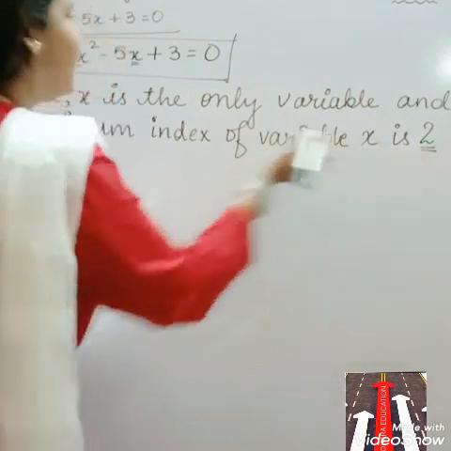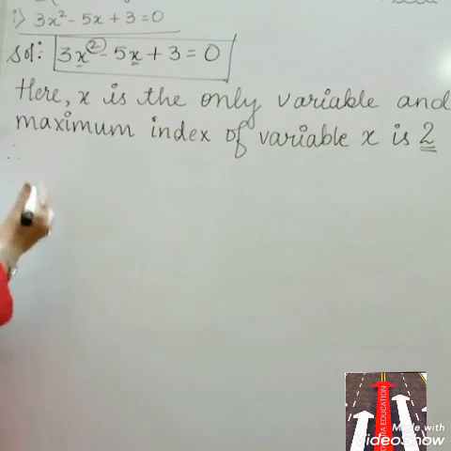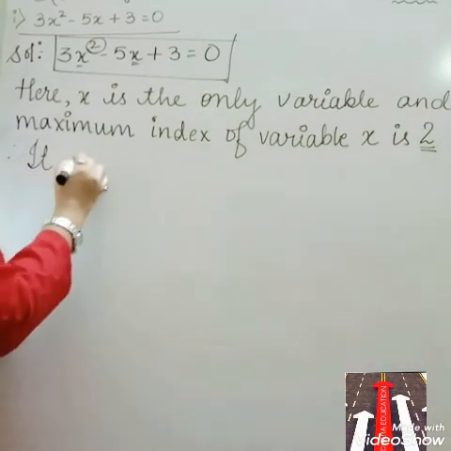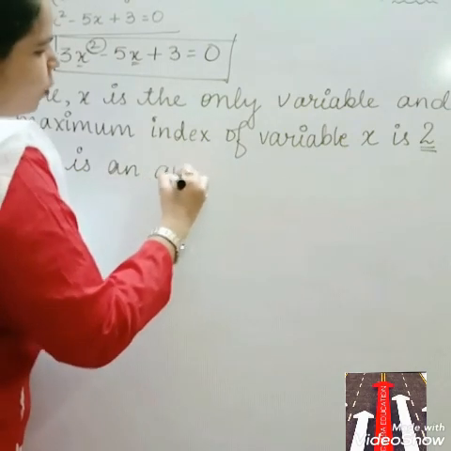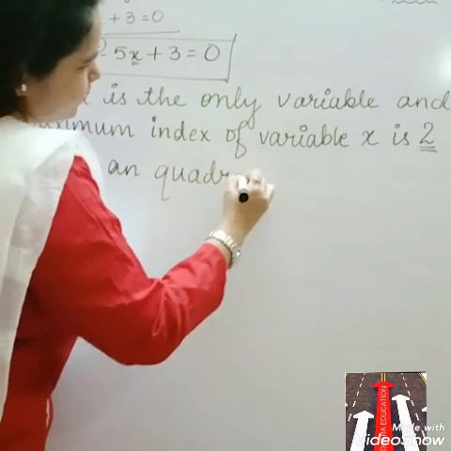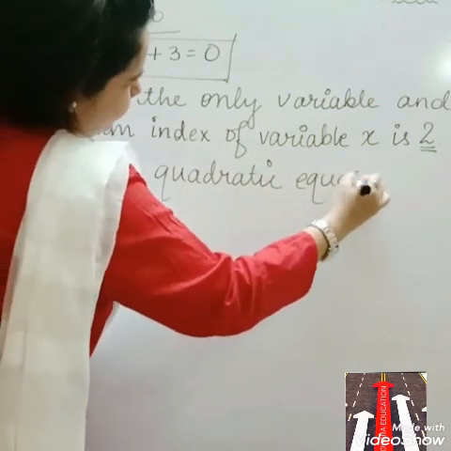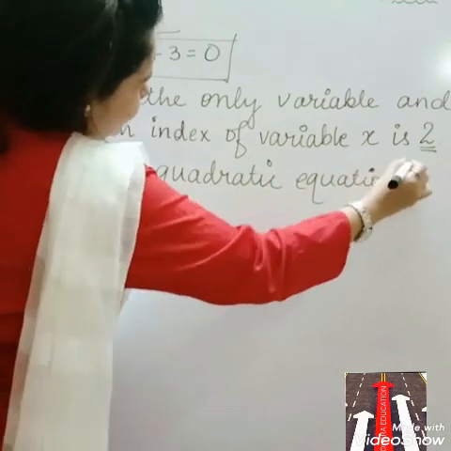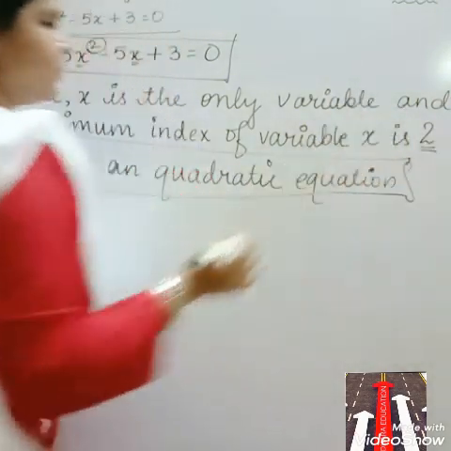You can identify the highest value over here is 2. Hence this is concluded to be a quadratic equation. And then you can write this in a box by highlighting.